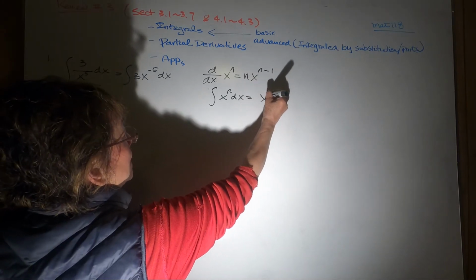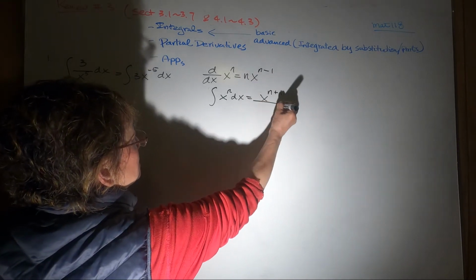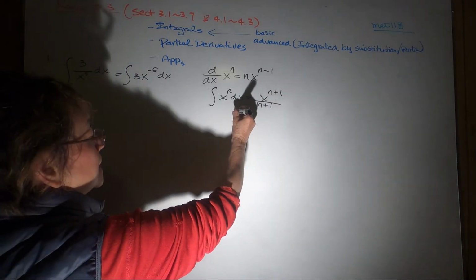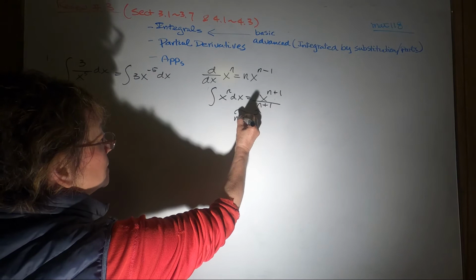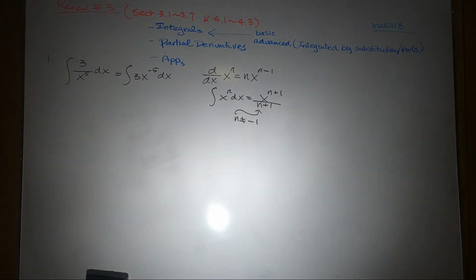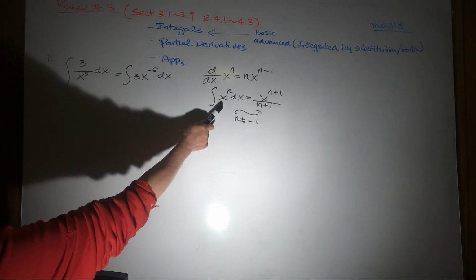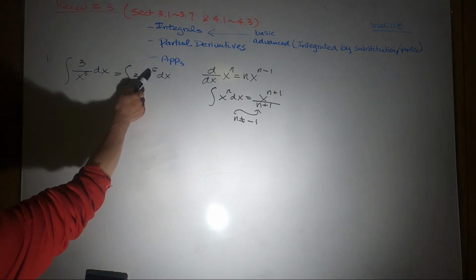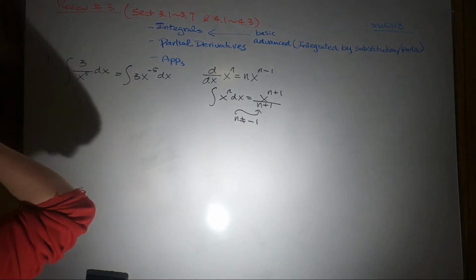So you would do x^(n+1) divided by n+1. However, under this condition, n cannot be negative 1, because the denominator cannot be 0, right? So for the power rule for the integration, just go up one level, but the power is not negative 1.